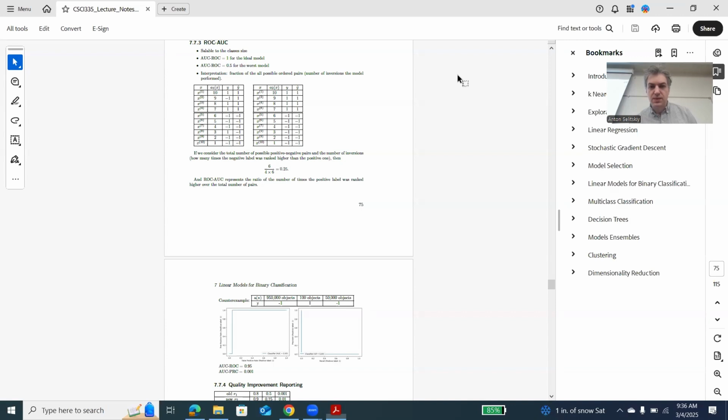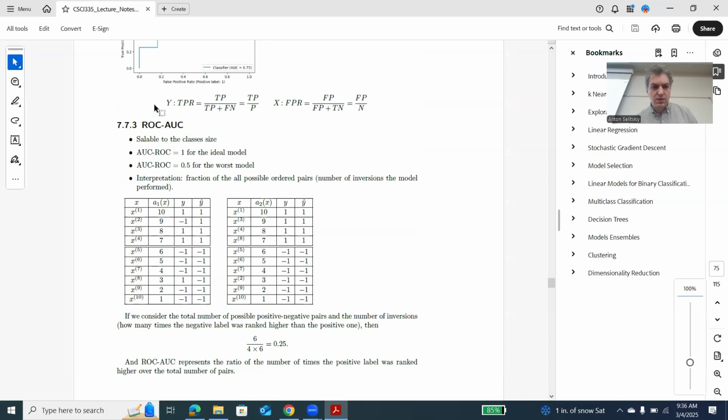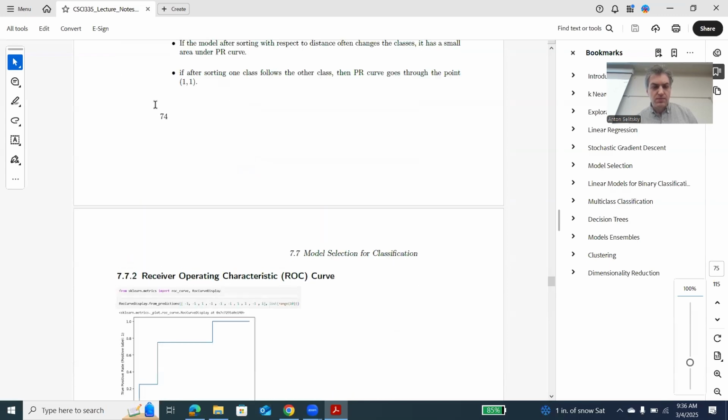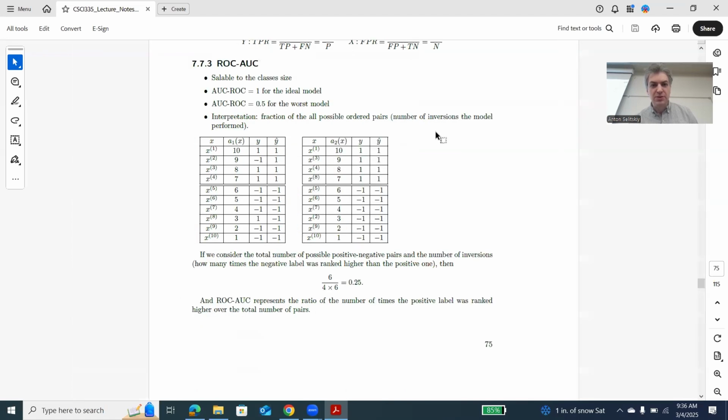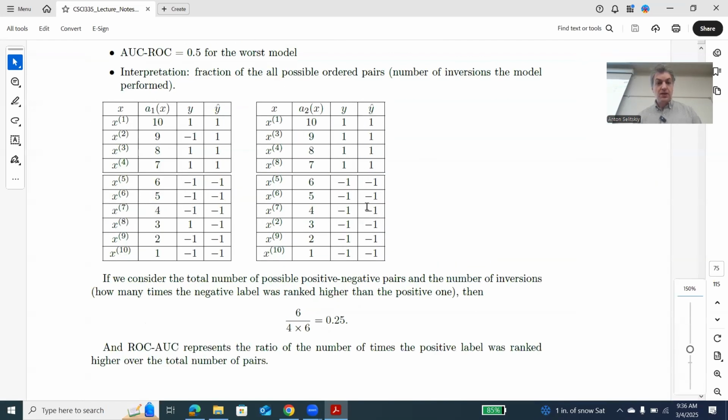So the interpretation, I didn't mention this when we were talking about the receiver operating curve. About interpretation, let's look at two different classifiers, A1 and A2.